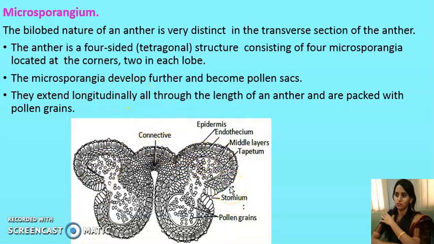The structure consists of four microsporangia, two in each lobe. These lobes extend longitudinally through the length of the anther and are packed with pollen grains. This is the transverse section of the anther. Later we will discuss in detail all these parts of the anther.